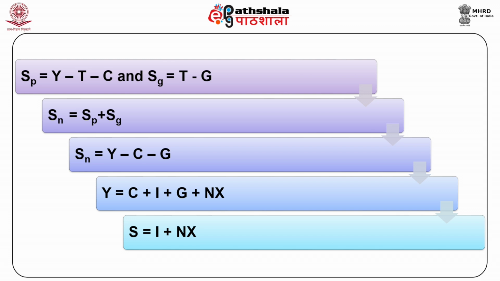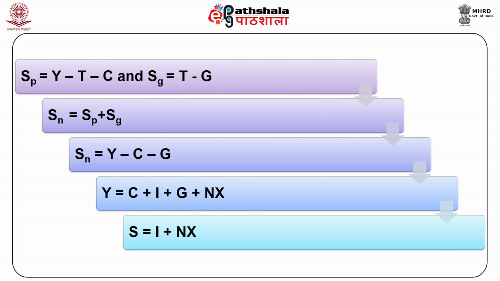Y is the gross domestic product, that is GDP, T is the taxes, C is the private consumption, G is the government's expenditure. Then national savings, that is SN, would be equal to SP plus SG. Thus, SN would be equal to Y minus C minus G. This is given as equation 1.